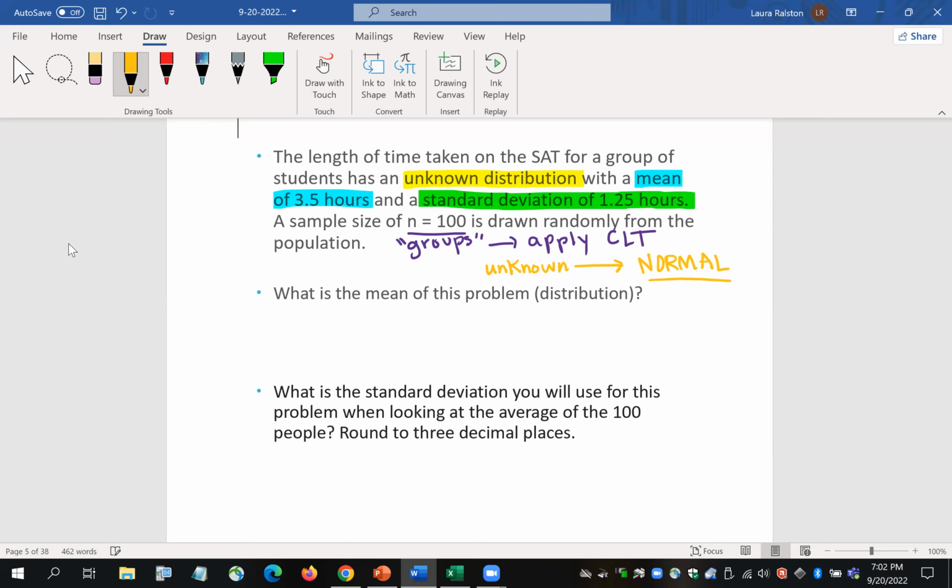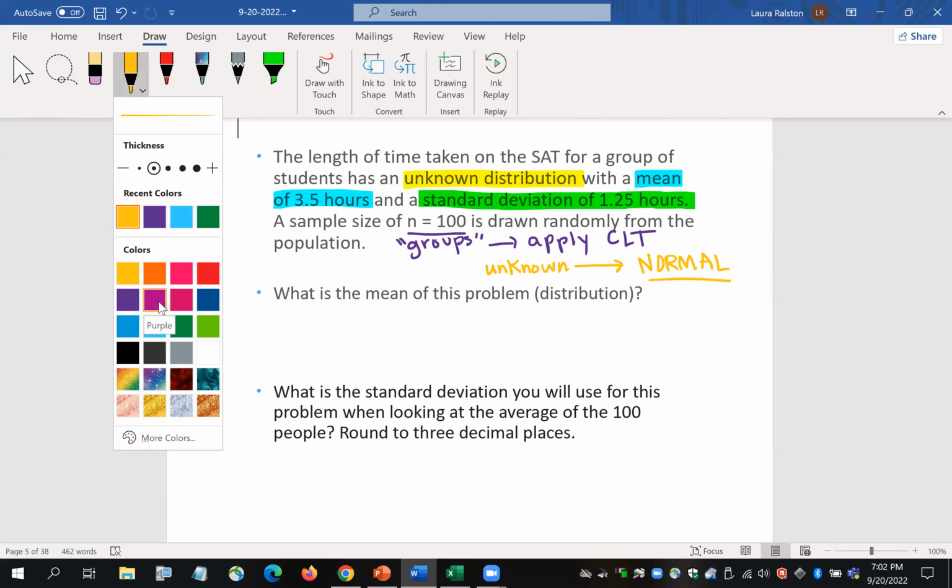Okay, so by applying the central limit theorem, I'm going to force that unknown distribution to become normal. But I need to determine what the mean and the standard deviation of that normal distribution is going to be based on the formulas that we just looked at a minute ago.